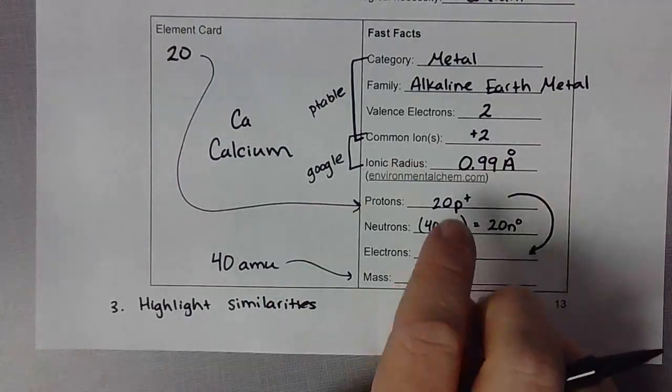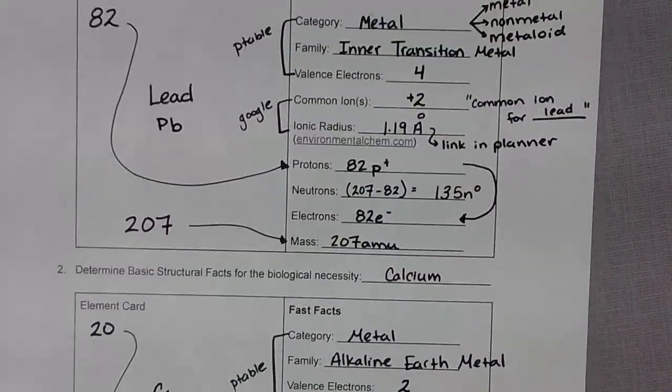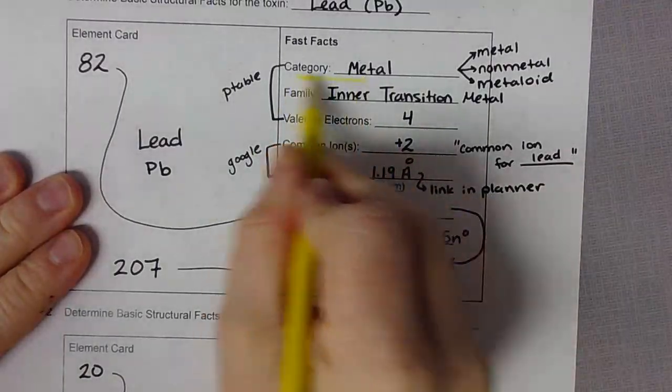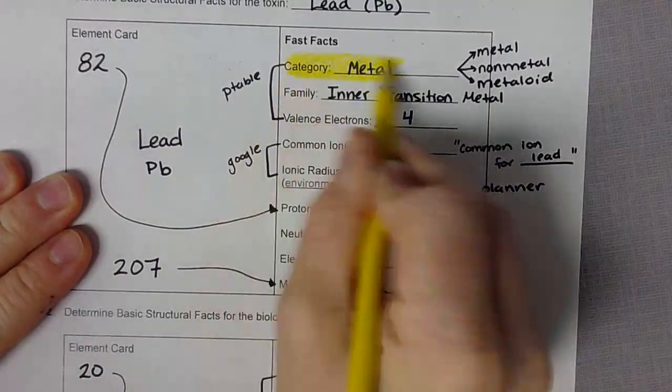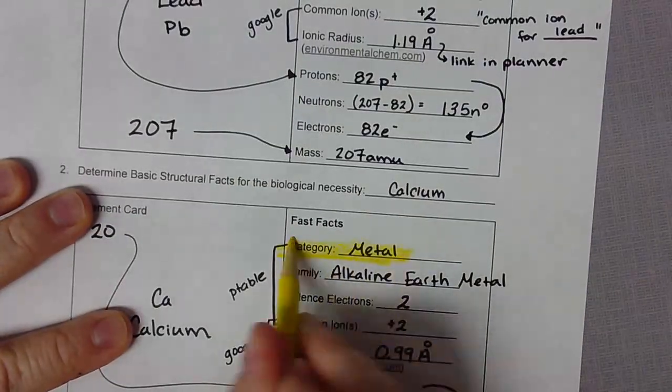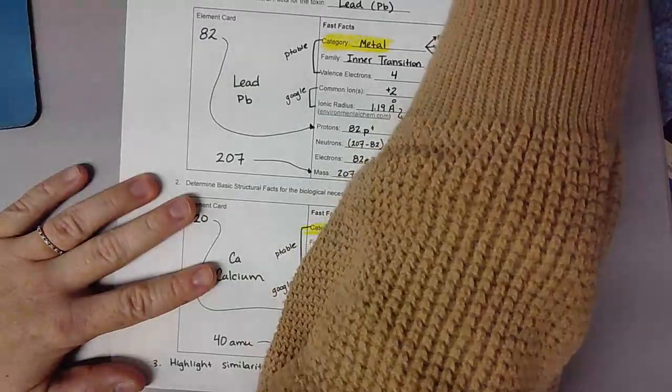So for example, for the category, those are discrete categories. Lead is a metal, calcium is also a metal. So I'm going to highlight that for both. Metal, metal. Let me see if I can zoom out. Okay.